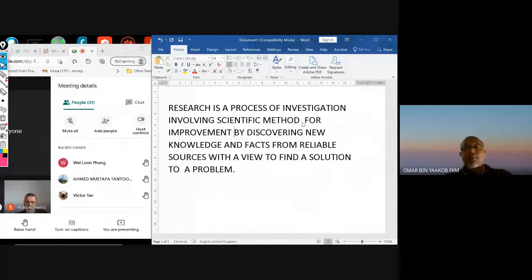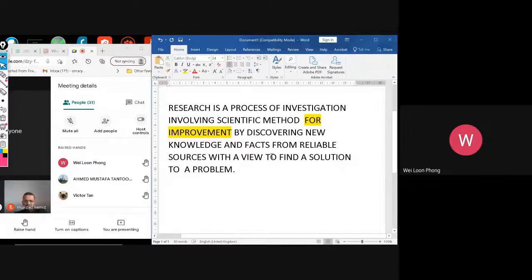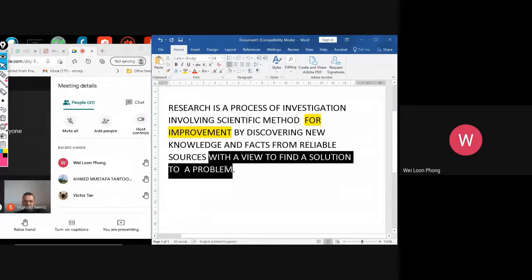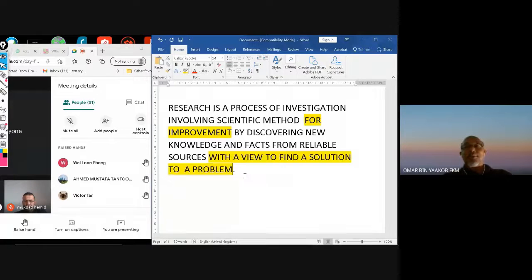Okay, this is a big suggestion. So it becomes: research is a process of investigation involving scientific method for improvement by discovering new knowledge and facts from reliable sources. I don't know if the class will agree or not with this suggestion.